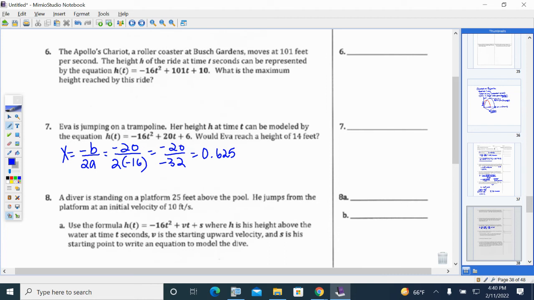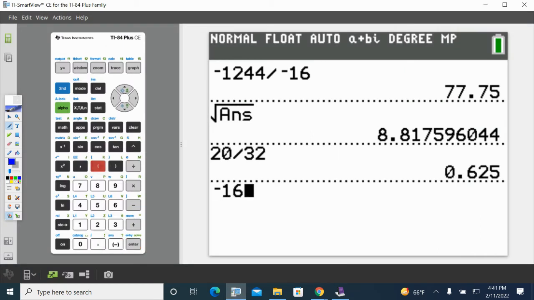To find her maximum height, you're going to take that and plug it back in to the equation. So h of 0.625 is basically what we're finding. Negative 16 times 0.625 squared plus 20 times 0.625 plus the 6.